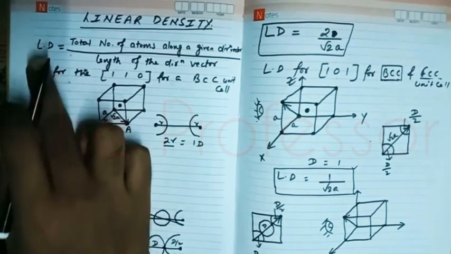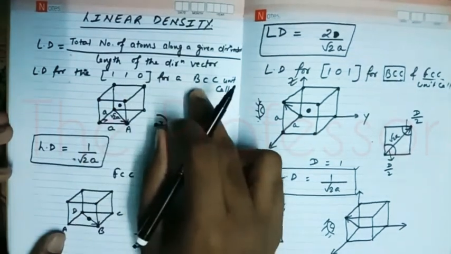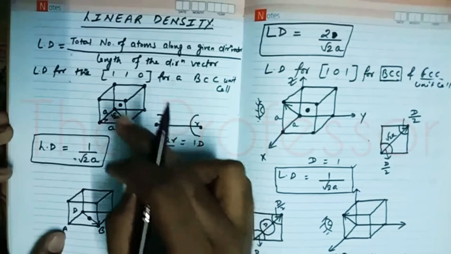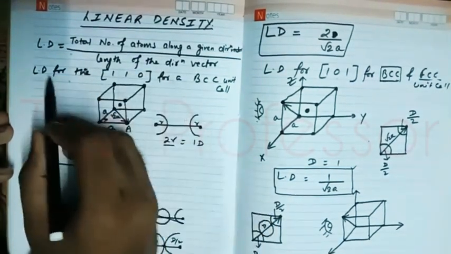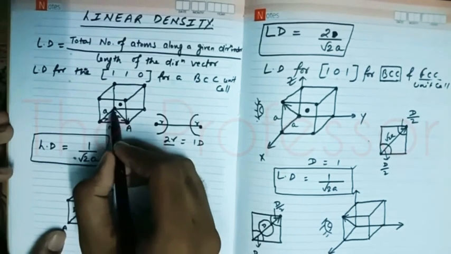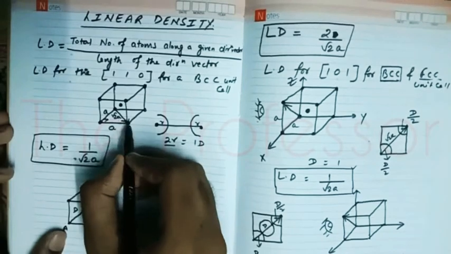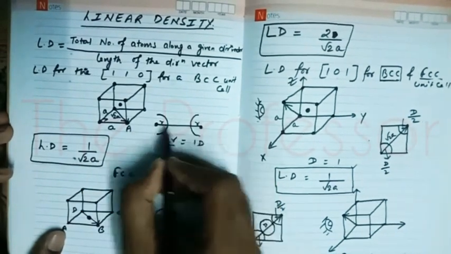Then we went on to calculate the linear density for this direction vector, first in a BCC unit cell, then in the FCC unit cell. In the BCC unit cell, first we drew the vector. Then we found out the number of diameters occurring along this direction vector.